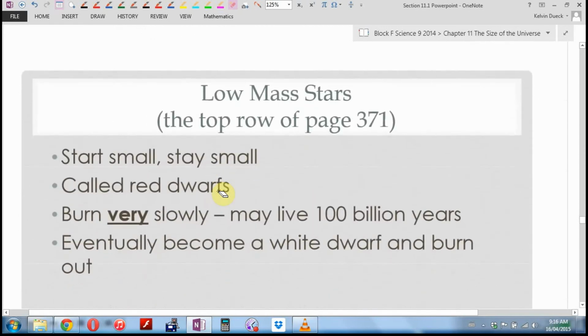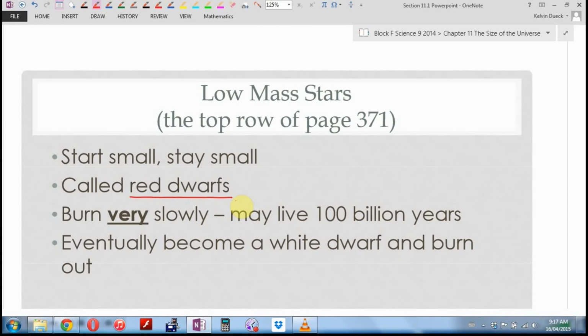So now we're back to our notes, but you also have the chart. Low mass stars. This is the top row of page 371. They start small, stay small. We call them red dwarfs. What color do you think they are? Red. See, we know how to name things in physics. Are they big or small? What tells you that these might be small-ish? Dwarfs.